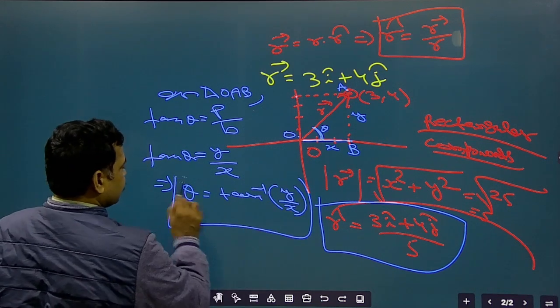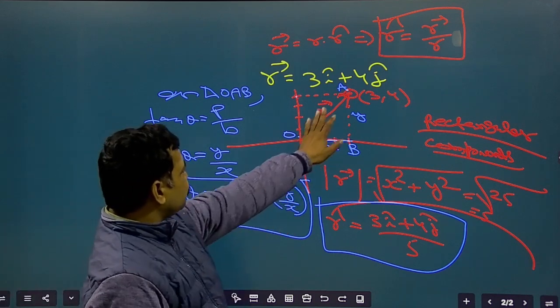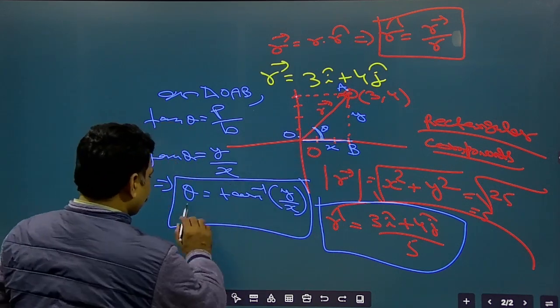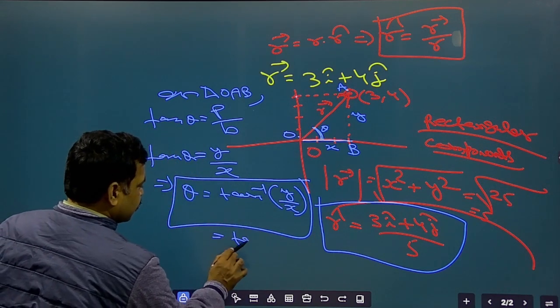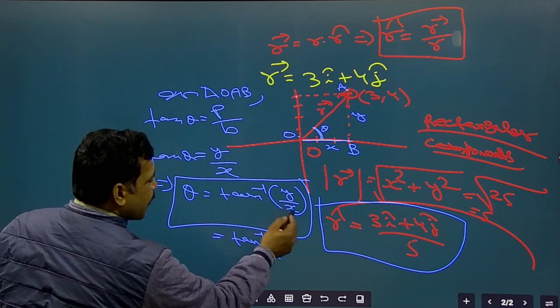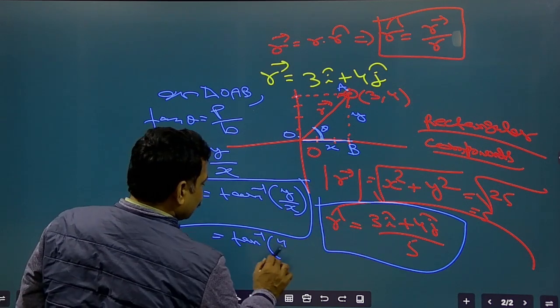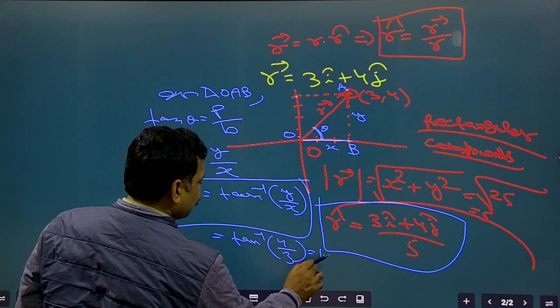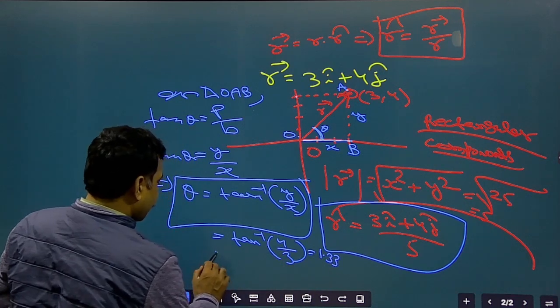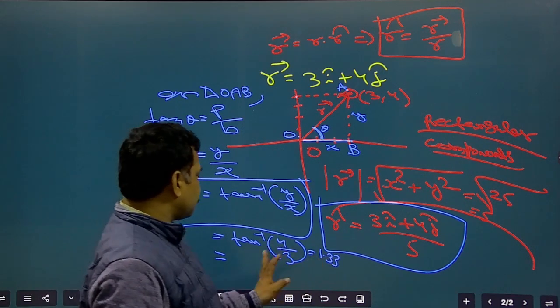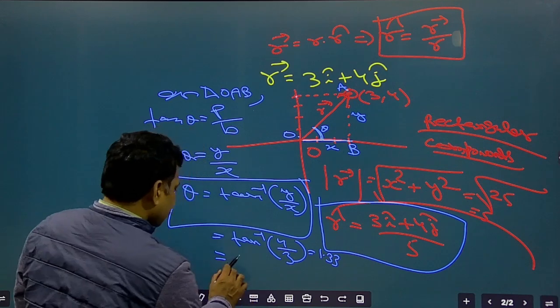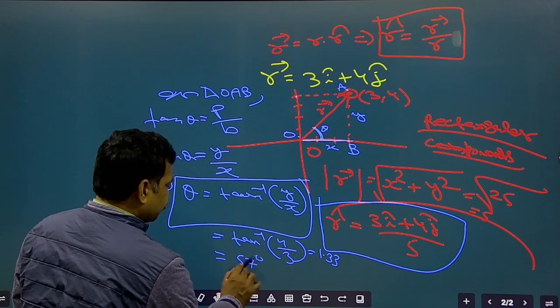If I want to find out the direction of this particular vector, theta will be equal to tan inverse of y upon x, that is 4 upon 3, which is 1.33. Tan inverse of 1.33 comes approximately to 56 or 57 degrees.